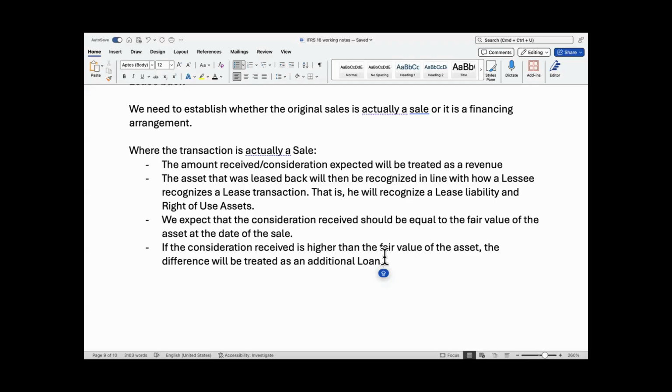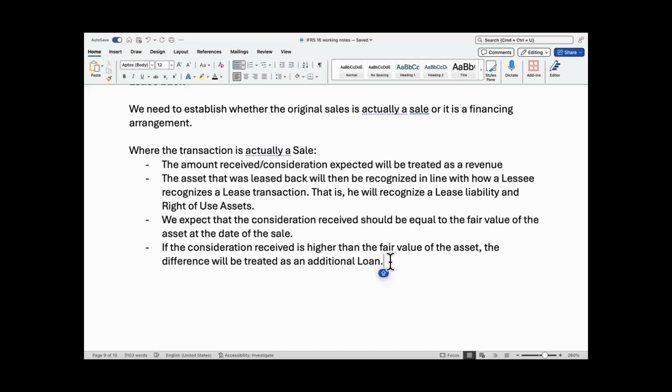The repayment would also include the repayment of the loan. So the major challenge here is to separate the part that is loan from the part that is lease liability.